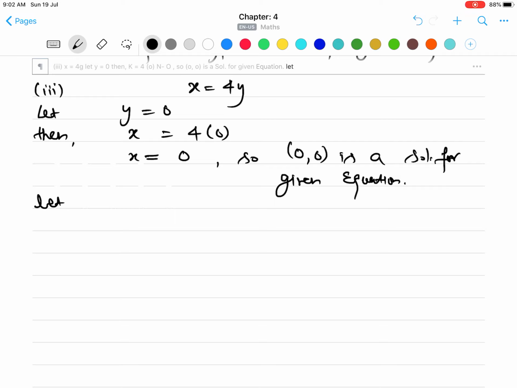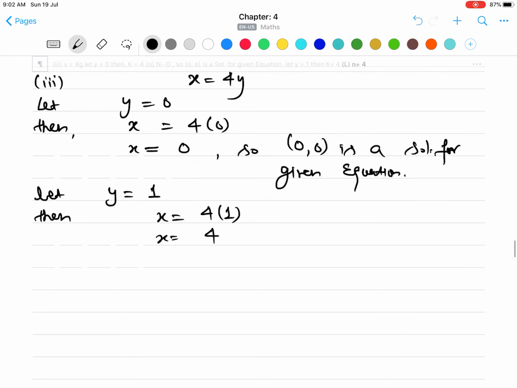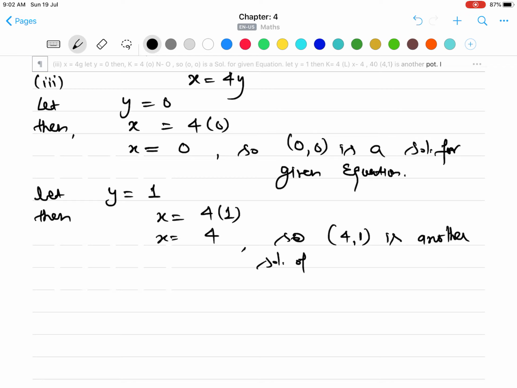Now let's take y equals 1. Then our equation x equals 4y, so 4 into y, at the place of y we write 1. So x will be equal to 4. All right, so (x = 4, y = 1) is another solution of the given equation.